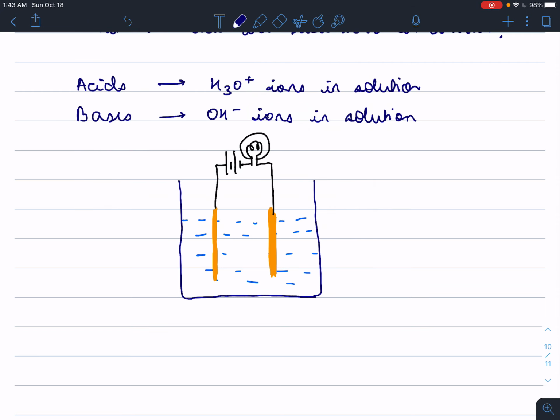Well, this is just a simple setup to see whether the solution is conductive or not.